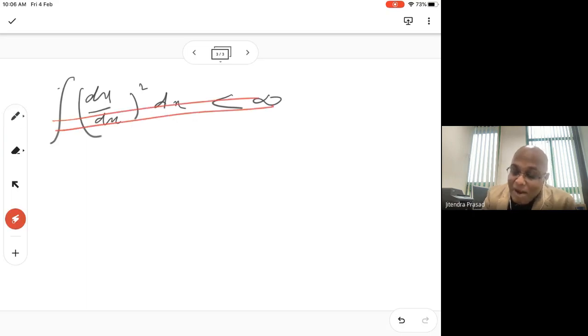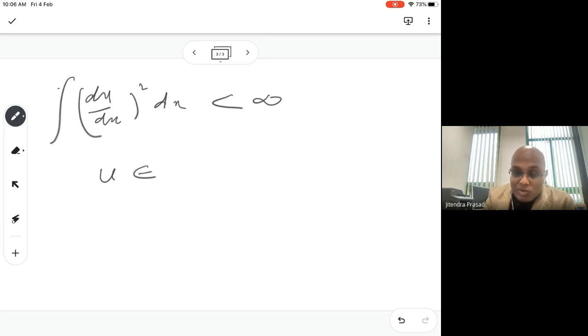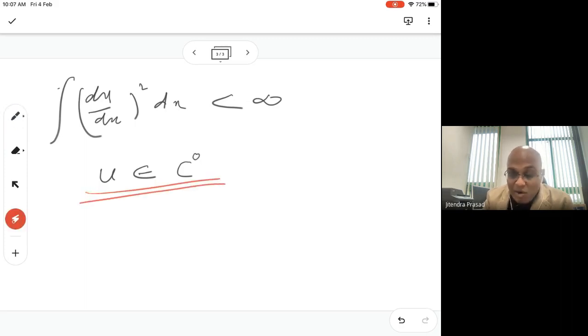In what case will this be possible? This will be possible only when U belongs to what we call C0. C0 is the smoothness we are talking about. What is the meaning of C0?